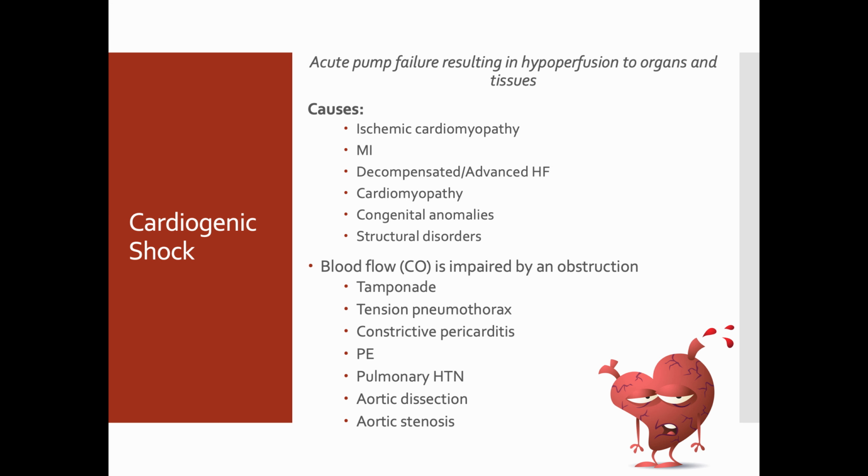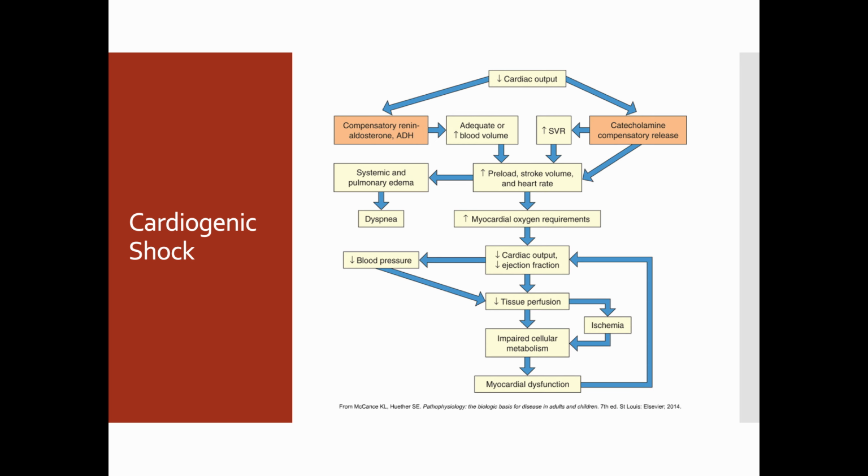And so we need to intervene somehow. There are other things that can impair cardiac output, like cardiac tamponade, tension pneumothorax, pulmonary embolism, aortic dissection, things like that. But very often it is an acute ischemic event that is responsible for cardiogenic shock.